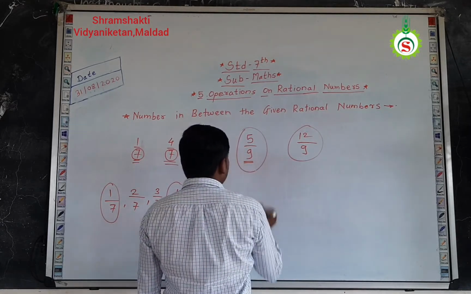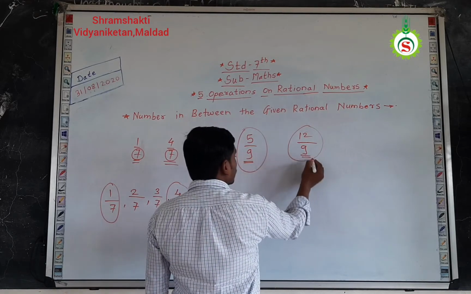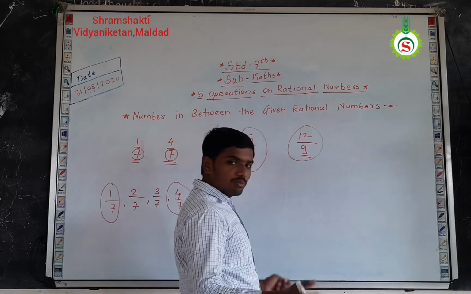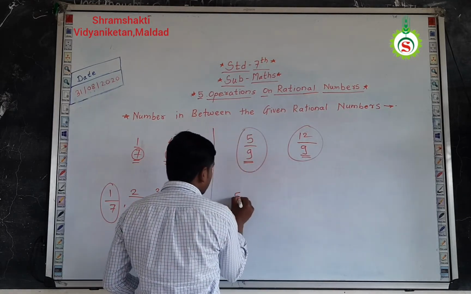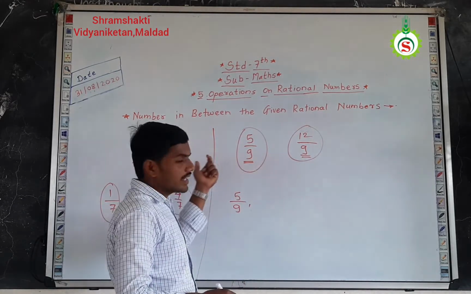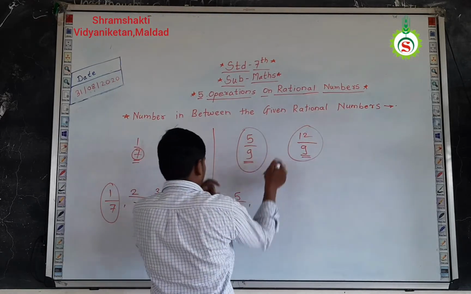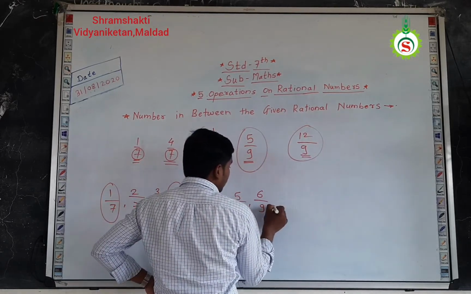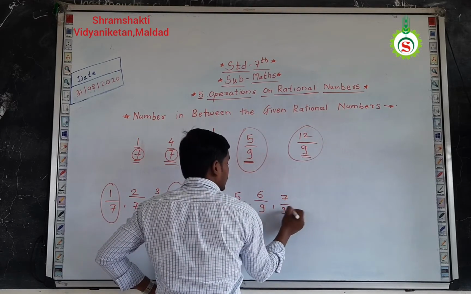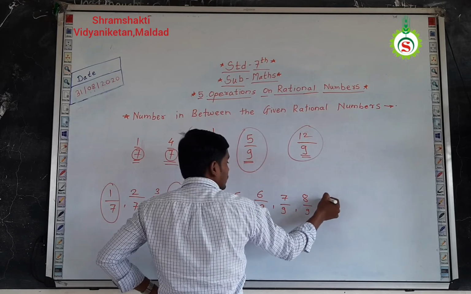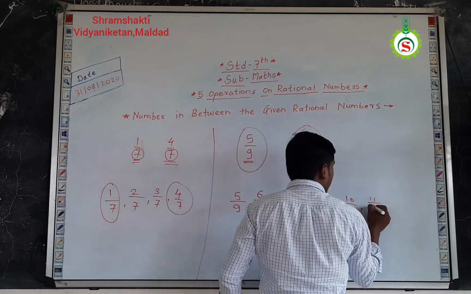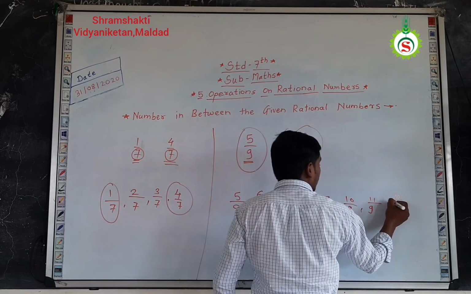First I see the denominators of both rational numbers: 9 and 9. Both denominators are the same, so only the numerator changes. After 5 comes 6 by 9, and we go up that way: 7 by 9, 8 by 9, 9 by 9, 10 by 9, 11 by 9, and the last one 12 by 9.